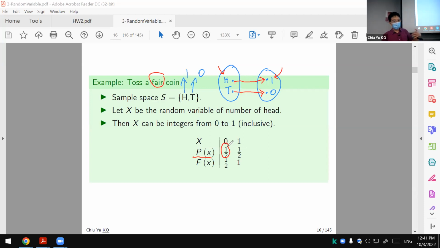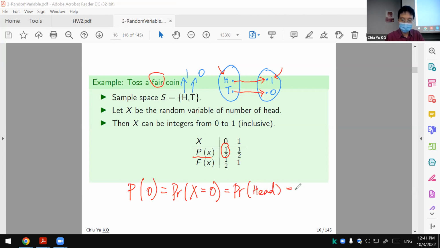The probability of X equal to 0 is exactly the probability of the corresponding sample. Basically, p of 0 is exactly the probability X equals 0, and this is just the probability that we have a tail in a fair coin case, this is what we have.